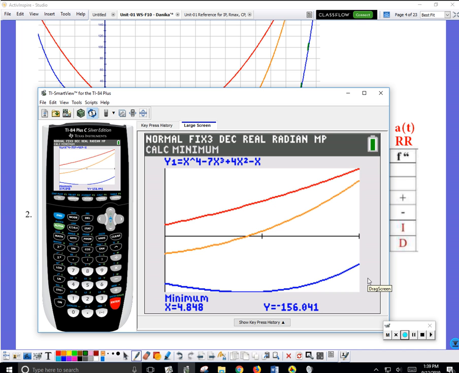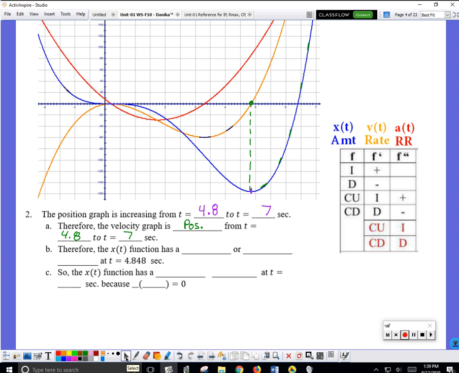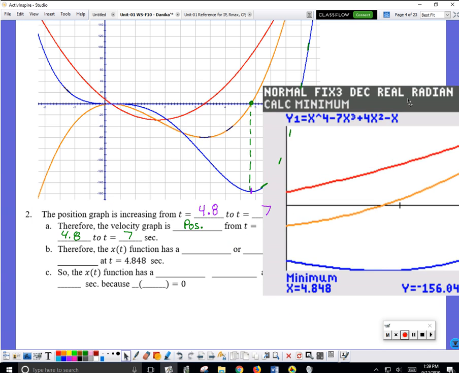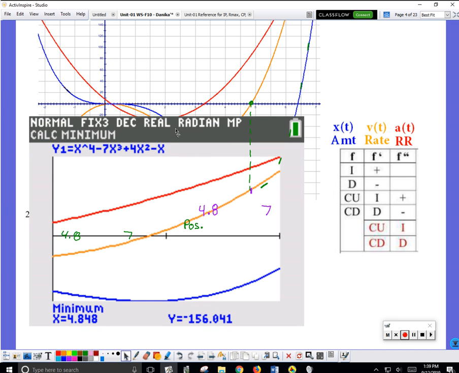If I find x of 5, that's finding the value of the position at time 5. On this graph, that will be finding this value right here, this y-coordinate.